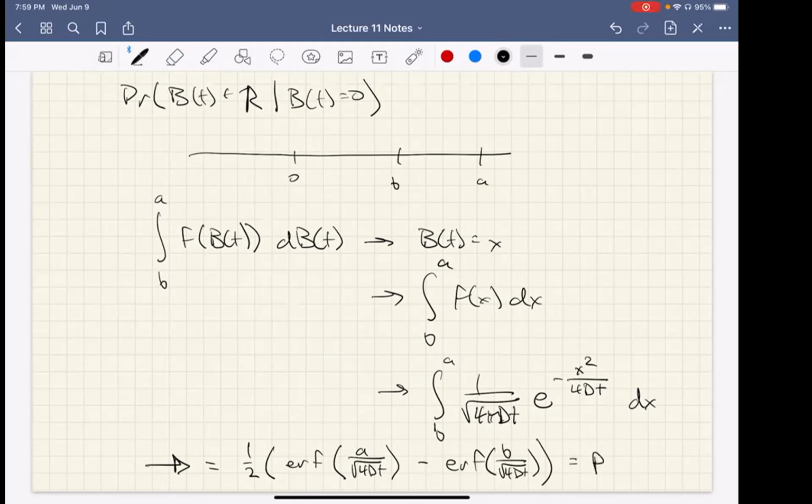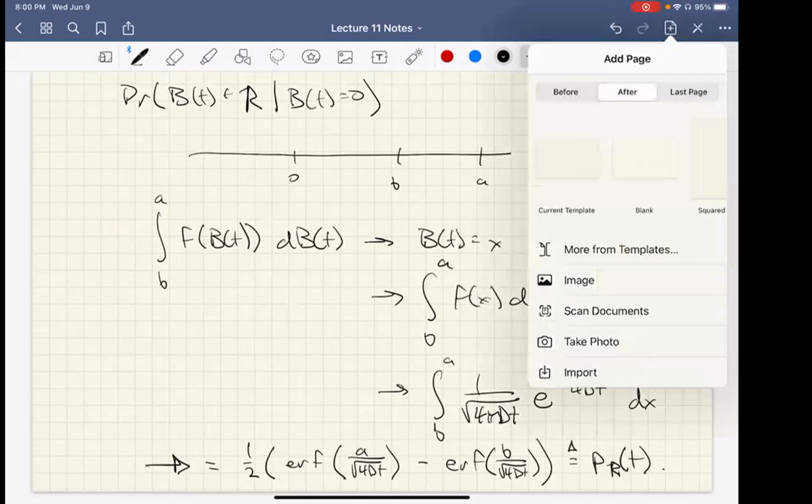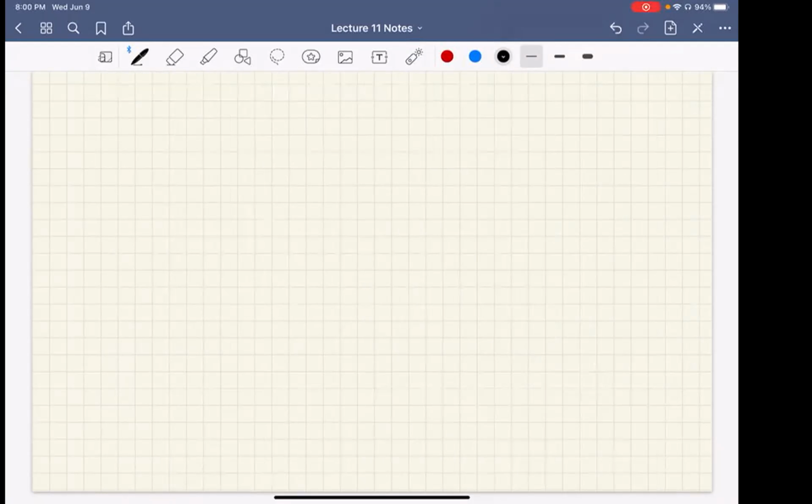the probability of being in R. I'm going to give it this notation, script R of T. So that's defined as PR of T, the probability that at time T, the molecule is in the region script R. So we're going to say there will be a sampling time, TS.